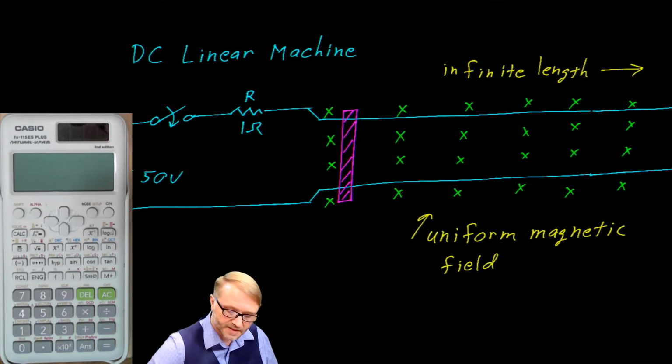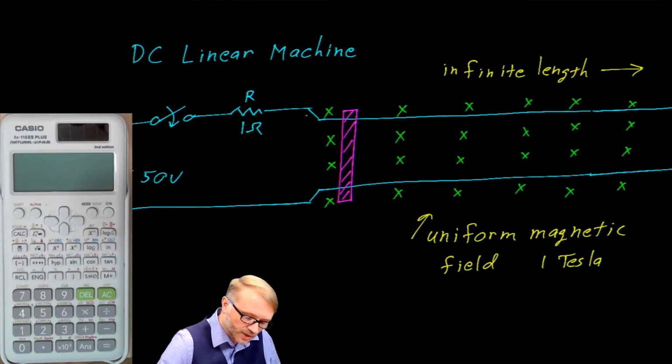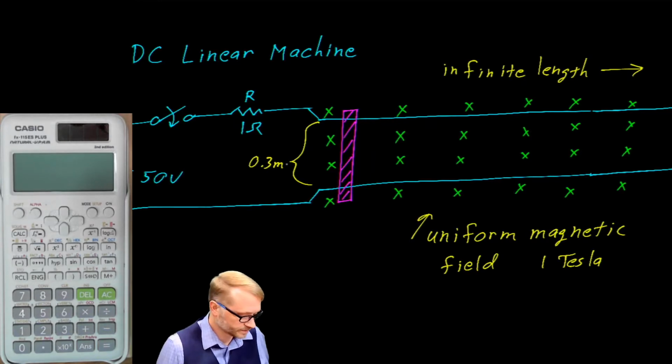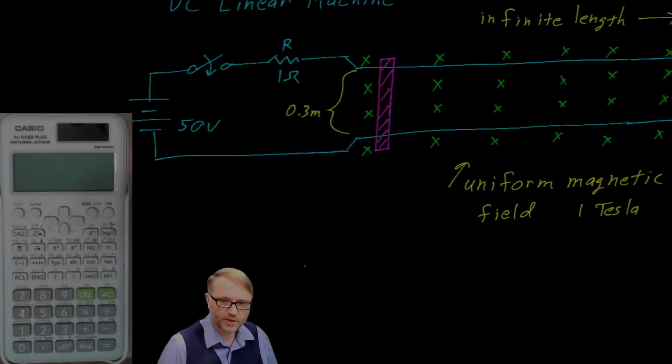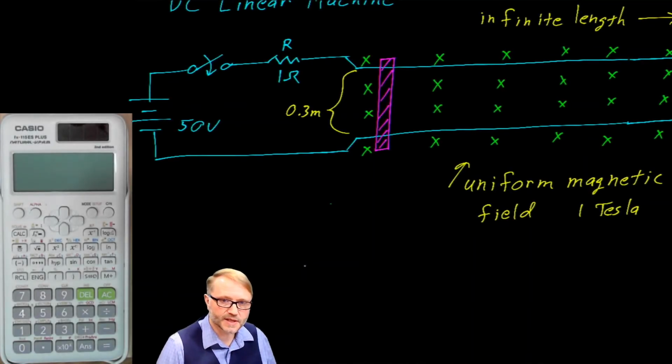We'll let this field have a strength of 1 Tesla. We'll let this bar have a length of 0.3 meters. At this point, we're going to present a few equations that we're going to use to describe the motion in this thought experiment.